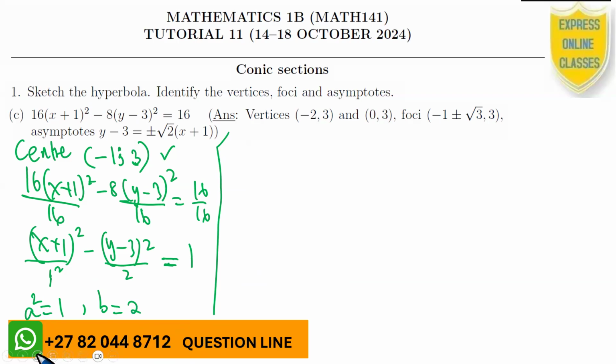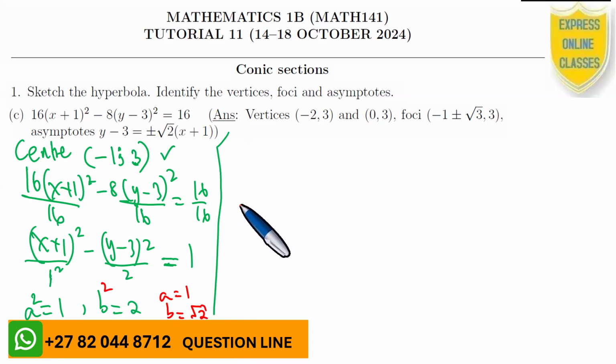It means, therefore, our b becomes the square root of 2. Take the square root of this because this is b squared.